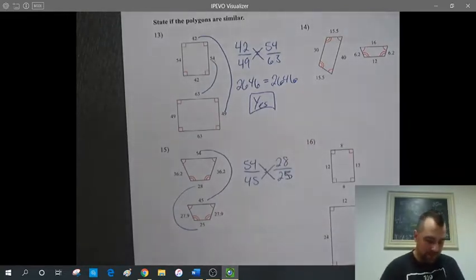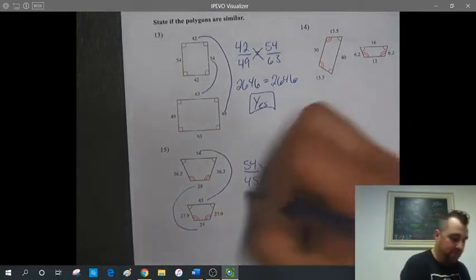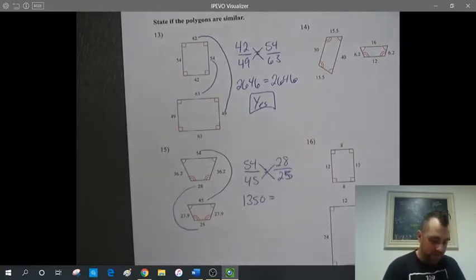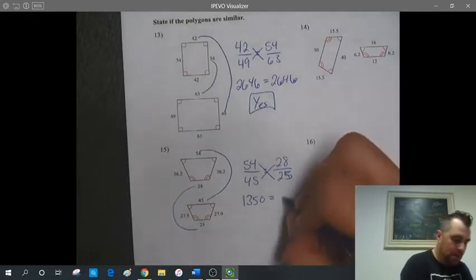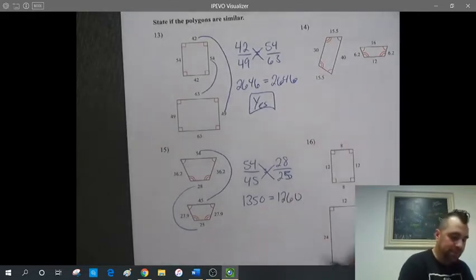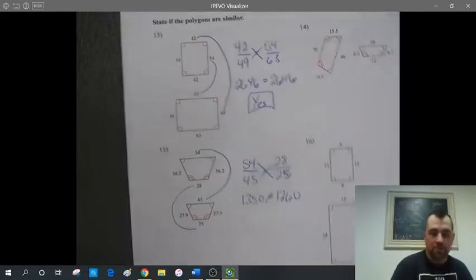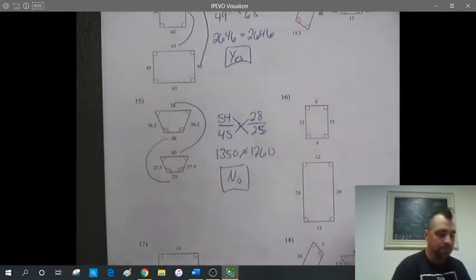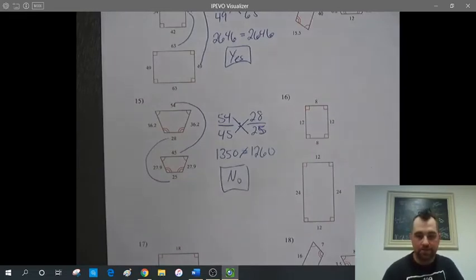Cross multiply, so 54 times 25 gives us 1350, and 45 times 28 makes 1260. So because these are not equal to one another, that means that this is going to be a no, that they would not be similar. Even though they appear to be the same shape, have the same interior angles, their side lengths are not proportional, so therefore they're not going to be similar figures.